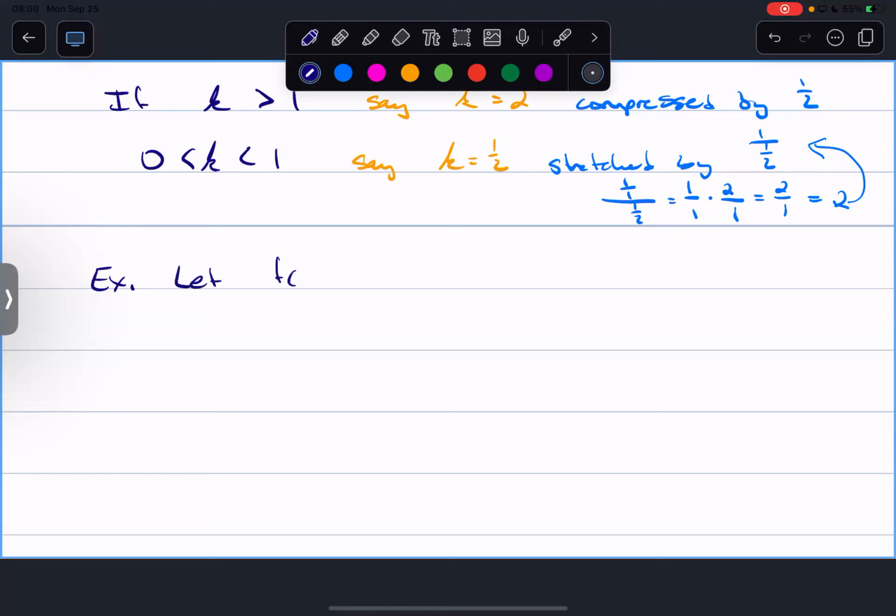Let f of x be, usually I use x squared, obviously, but how about we do the root of x? Sticking to those toolkit functions, right, that we know what they look like. What does the root of x look like?